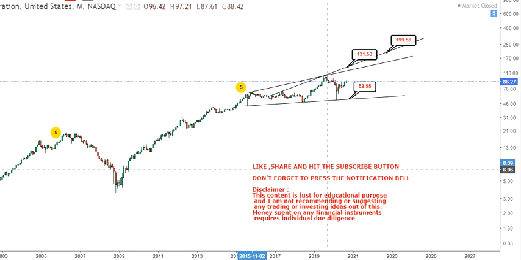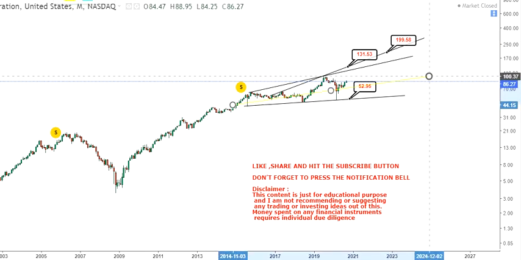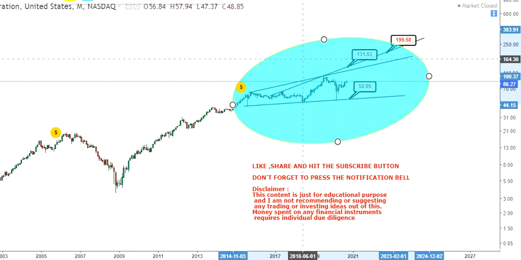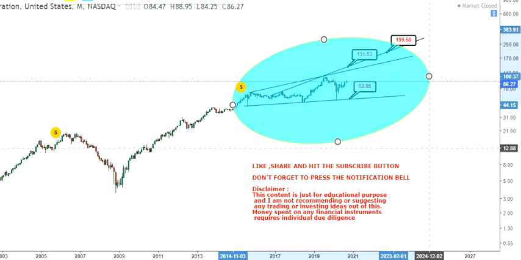Now understand one thing. If you are looking at this price pattern, this is something called a gramophone pattern.